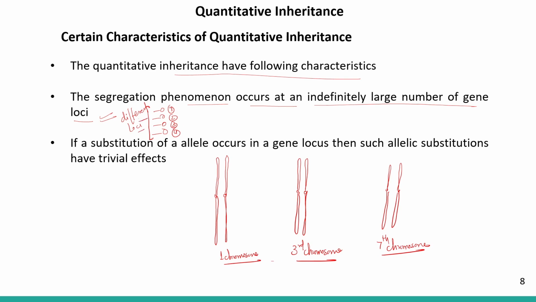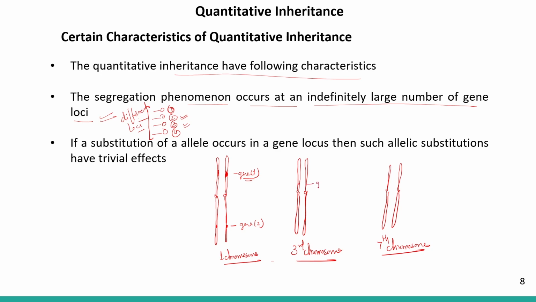So I'm taking chromosome number 1. Suppose gene 1 is located here. This is the locus of gene 1. Gene 2 is located here. Gene 3 is located here.